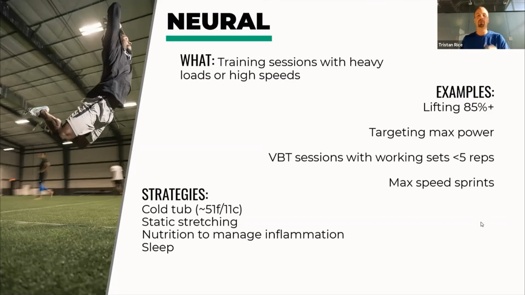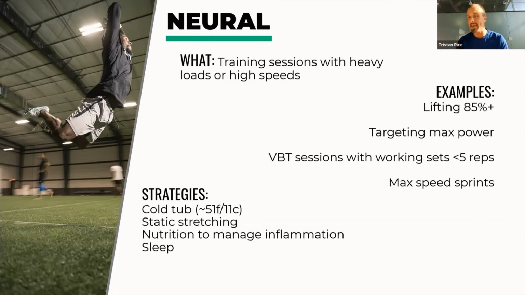These are things that are going to challenge the ability of your nervous system to organize the response to action. Yes, it's going to be taxing on the mechanical system, the soft tissues that are involved, but the primary demand is going to be placed on the ability of the nervous system to recruit progressively deeper and deeper into pools of motor units to exert the right force within the right time frame.